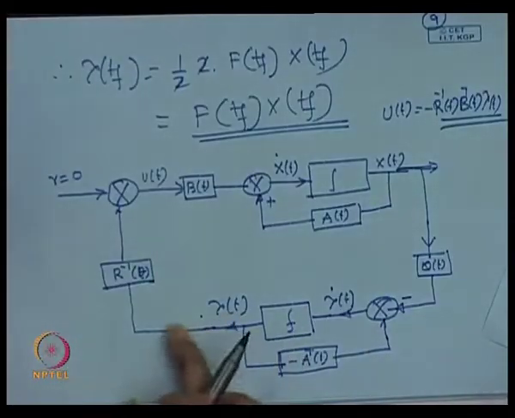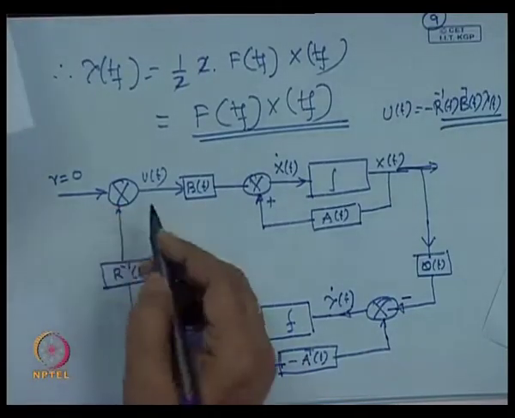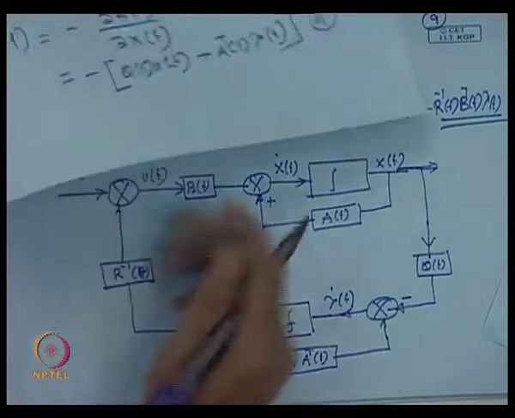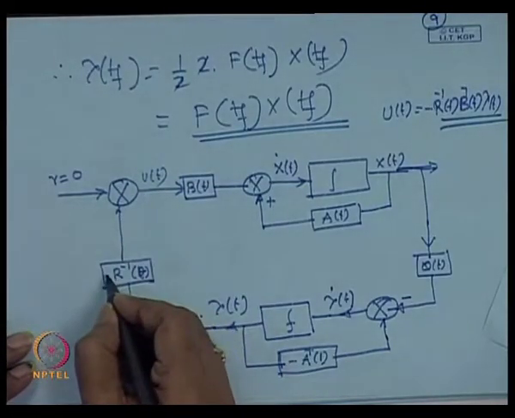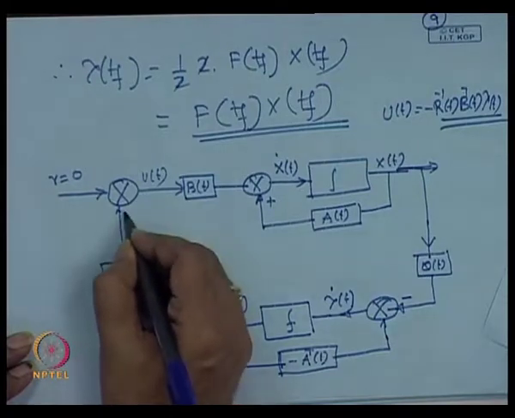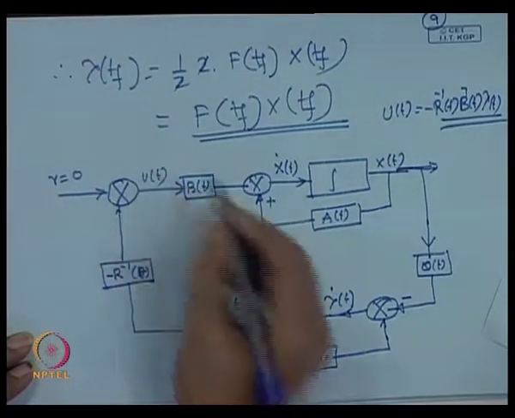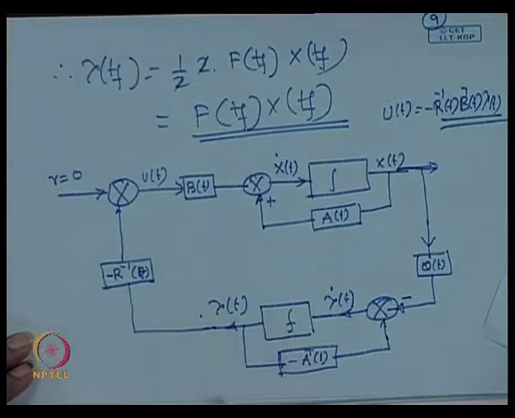So, we have got lambda t, R inverse B transpose. This is a minus sign; if you keep it here or here, it does not matter, agree? Then this will be u. So, that is how things are there.